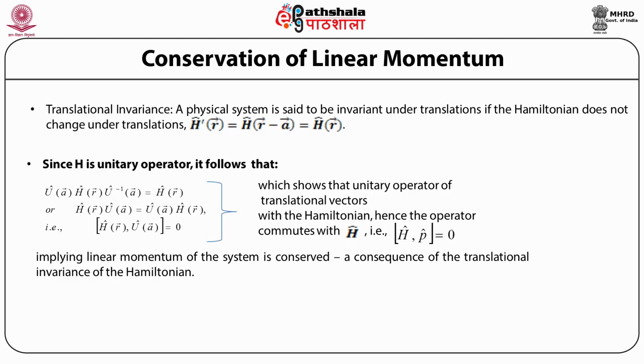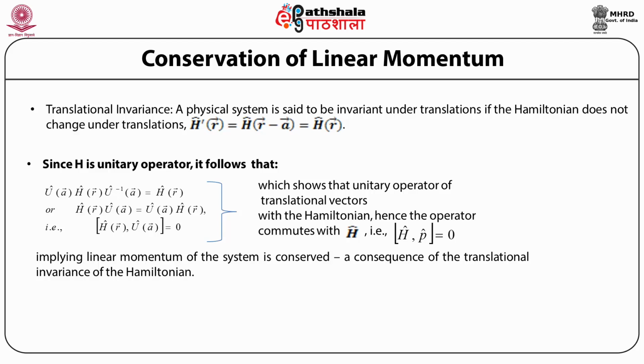In other words, what this means is that the commutator of the Hamiltonian operator H as a function of position vector r and the translation operator U as a function of position vector a is equal to 0, or they both commute, which shows that the unitary operator of translational vectors commutes with the Hamiltonian. Hence, the momentum operator P commutes with the Hamiltonian operator H. That is, the commutator of the Hamiltonian operator H with the momentum operator P is equal to 0.